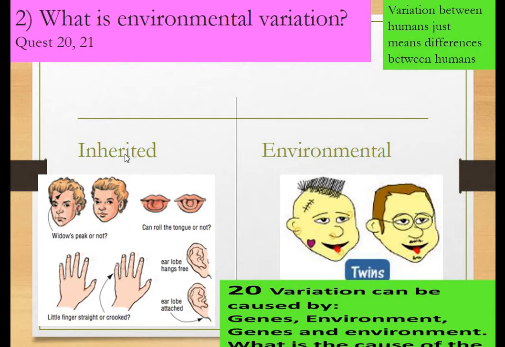So you're going to put a heading, inherited and environmental variation, and you're going to list 3 types of inherited variation and 3 types of environmental variation. And then write this definition in your book. Pause the video.